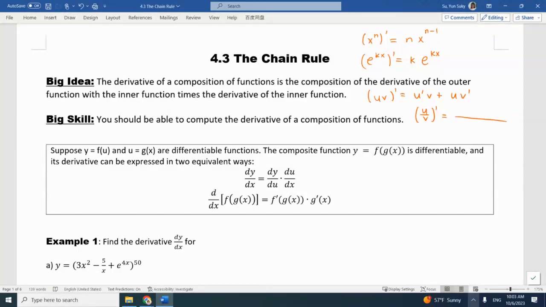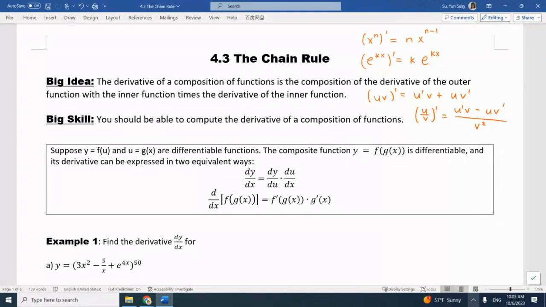The numerator is very similar to the product rule, but we put a minus sign in the middle. And the denominator is what? v squared, yes. So far, so good, everybody.